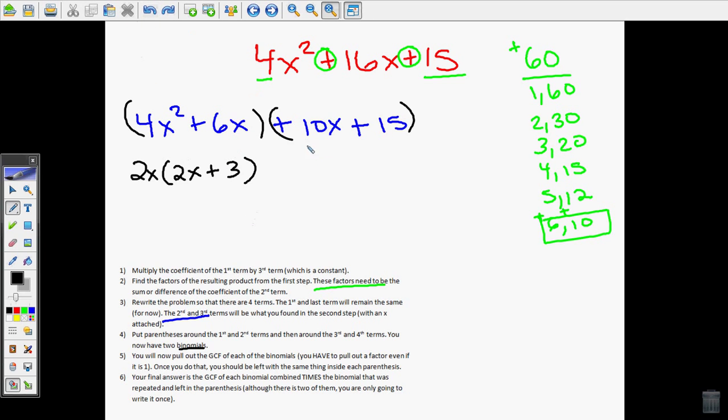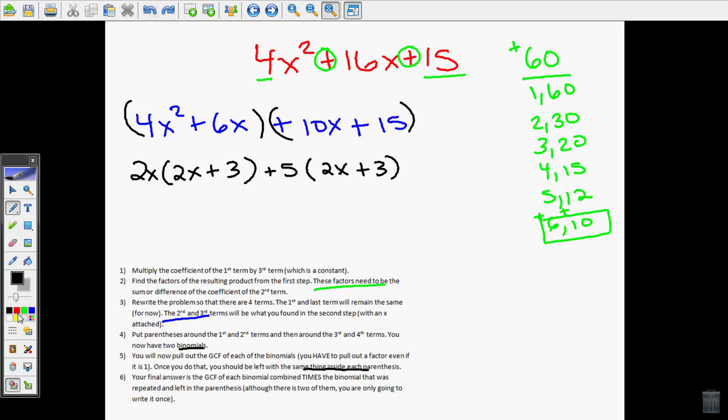So now I'm going to look at the second one, the 10x plus 15. My common factor there is going to be 5. That's a positive 5, right? 5 goes into 10x 2x times, and 5 goes into 15 3 times. So 5 times 2x gives me 10x, and 5 times 3 gives me 15. It says once you do that, you should be left with the same thing inside each parentheses, and we are. We're left with 2x plus 3 inside each of the parentheses.